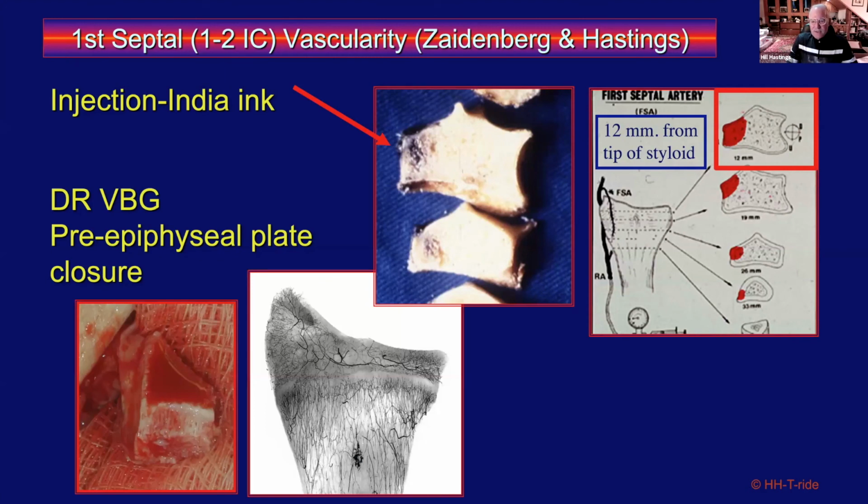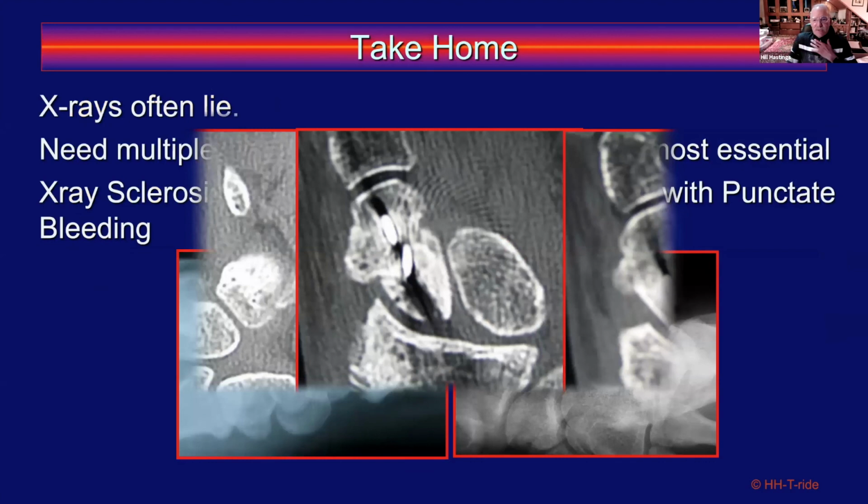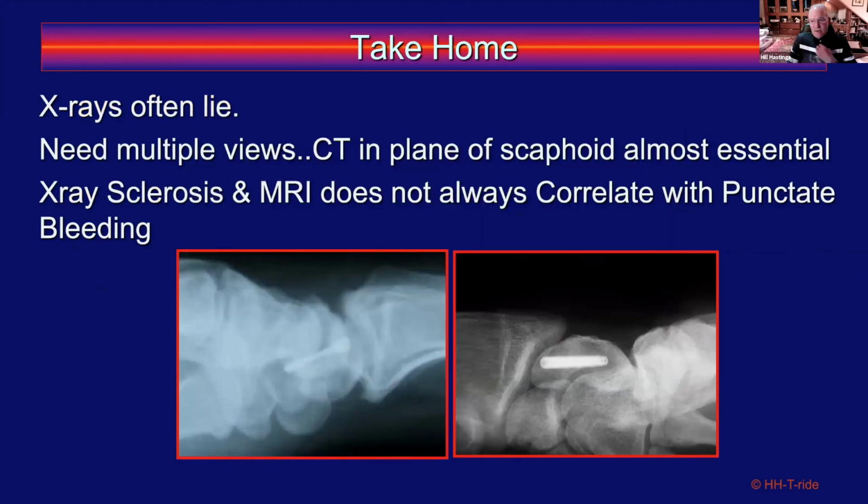So until the physis closes, there's not a lot of communication of these distal vessels in the proximal one. And once the epiphyseal plate closes, then the area of vascularity based on these distal sources tends to increase. And so these are his CT at 12 weeks. So the take home, X-rays often lie, and CT can obviously be a big help in planning.